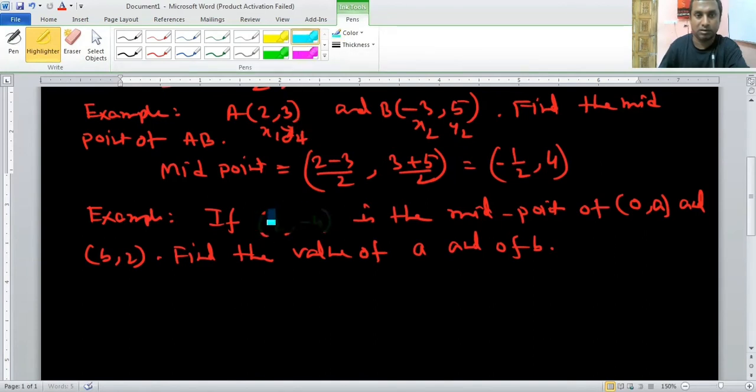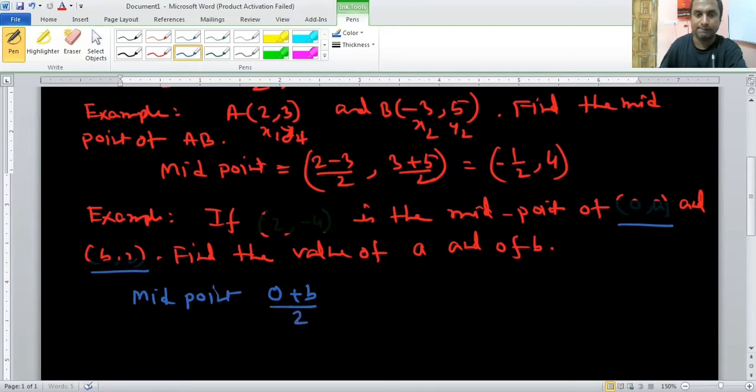This is the midpoint of this point and that point. So how can I solve it? First of all, find out the midpoint of this one. Let me try. Midpoint: (0 plus B) by 2 and (A plus 2) by 2.